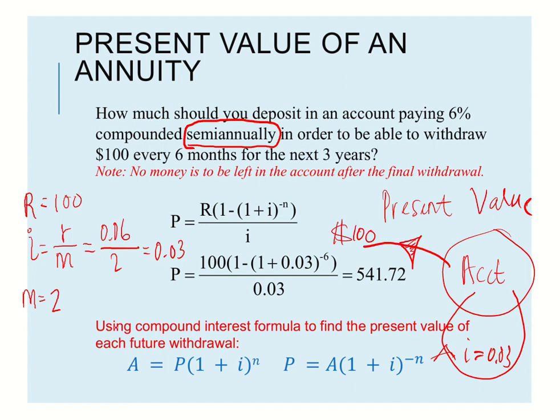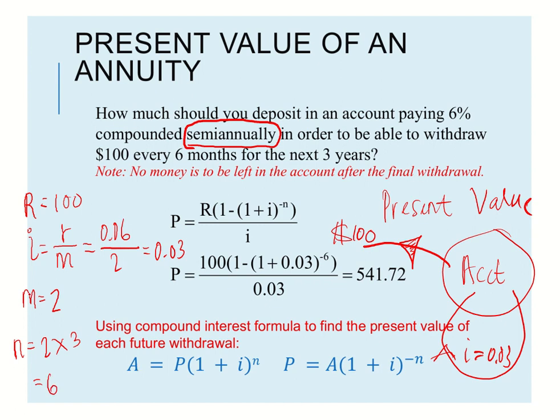So what is n then? The n is the number of compounding periods. How many times will the bank pay the interest? It will be 2 times a year times 3 years, so altogether 6 times.